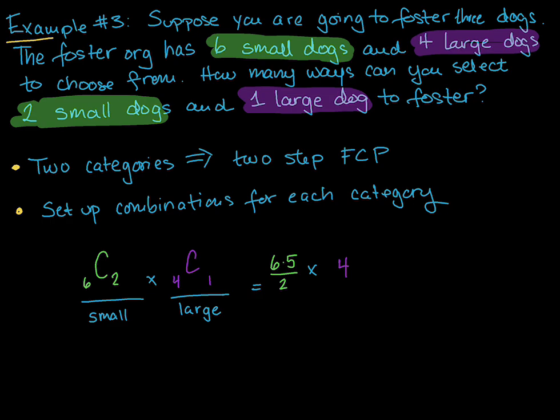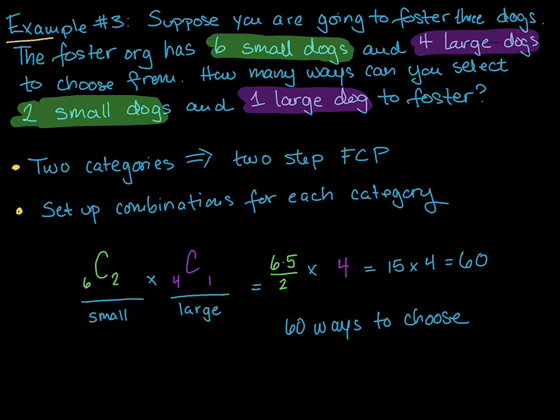But again, you can just plug 6 choose 2 into your calculator, and so I get 3 times 5 is 15, times 4 equals 60. So there are 60 ways to choose with all of these criteria.